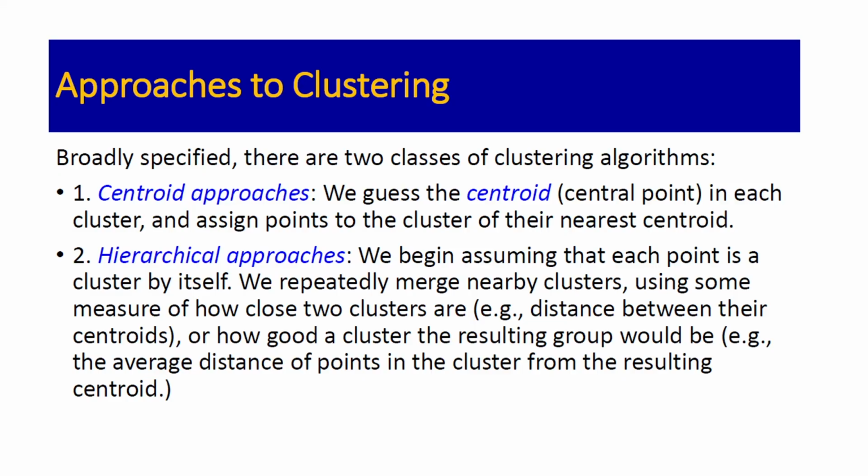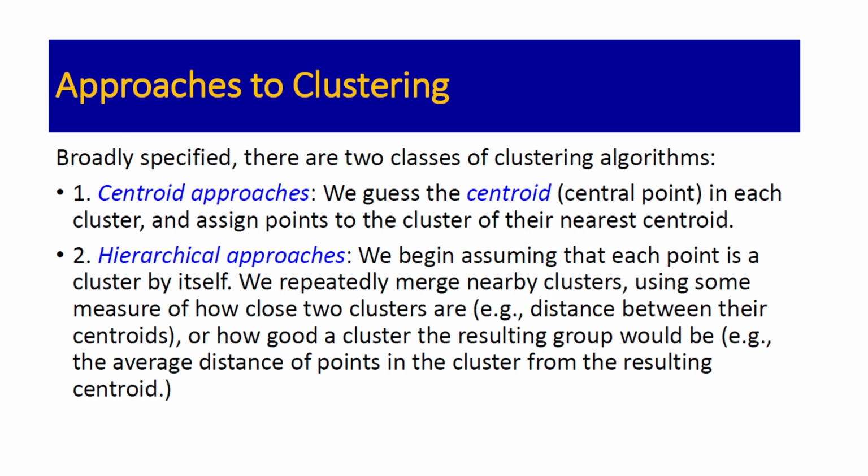Once you calculate distances, then you make a similarity matrix that I already discussed a lot. I do not want to go back to the board, you can look at the lecture given in lecture number 16. But in hierarchical approaches, you do not do that. You basically begin assuming each point as one cluster by itself and repeatedly merge the nearby clusters.